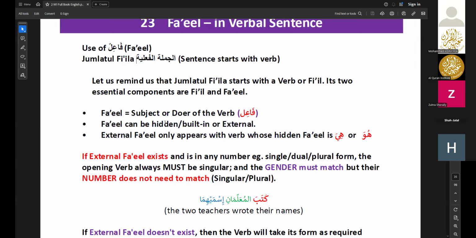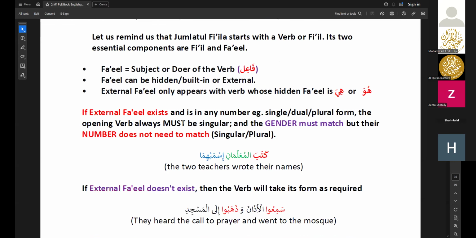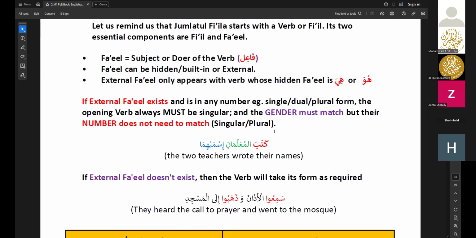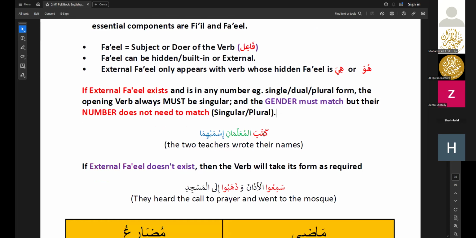Generally, if the form of the verb is huwa or hiya, we are expecting an external fa'il. If an external fa'il exists and it is in dual or plural form, the opening verb must always be singular and the gender must match, but the number does not need to match.